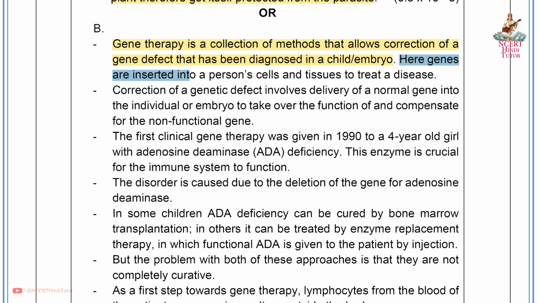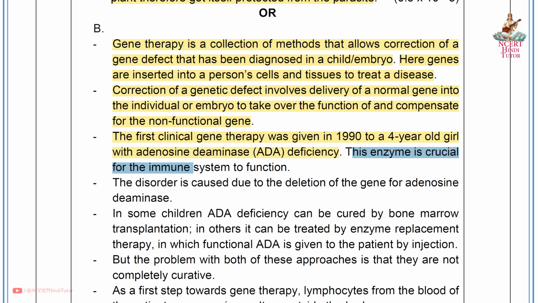Here, genes are inserted into a person's cells and tissues to treat a disease. Correction of a genetic defect involves delivery of a normal gene into the individual or embryo to take over the function of and compensate for the non-functional gene. The first clinical gene therapy was given in 1990 to a 4-year-old girl with adenosine deaminase, ADA, deficiency.